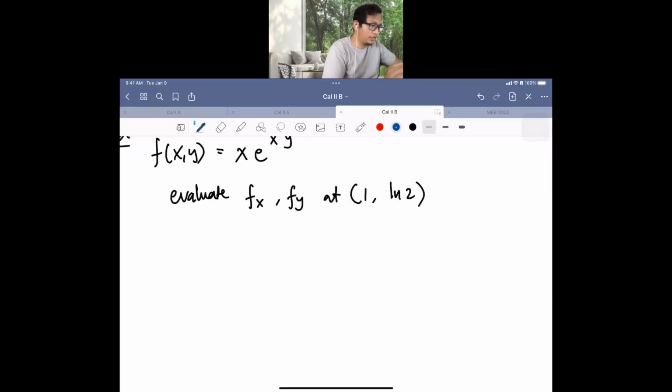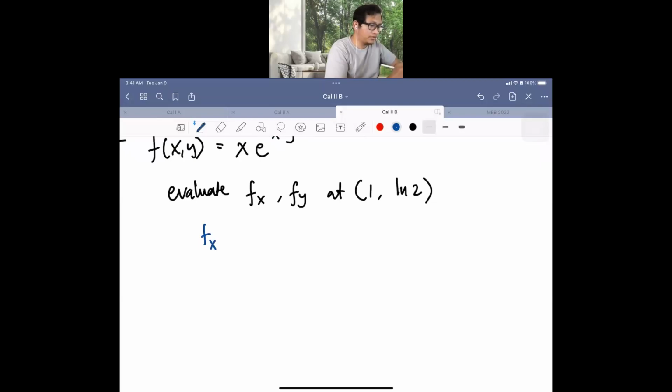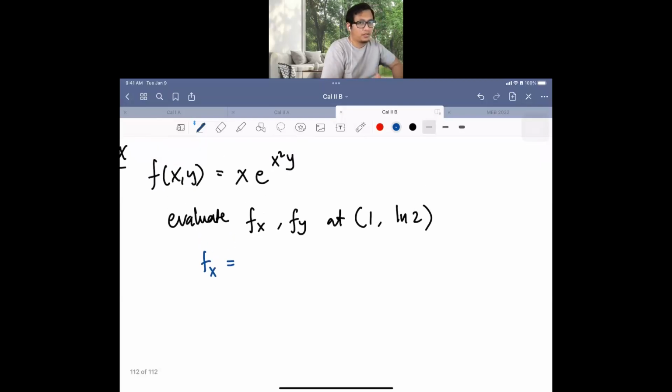Now, if we take partial x, we see that we have x and this part, so we have two functions. So we are going to have a product rule.